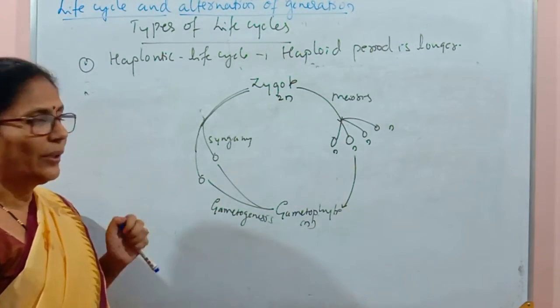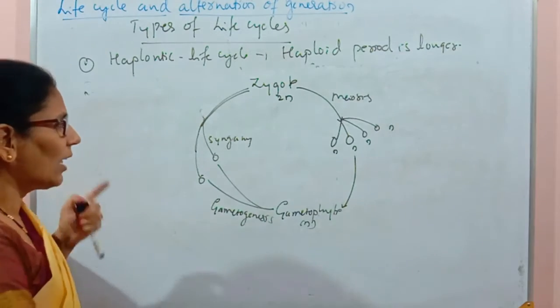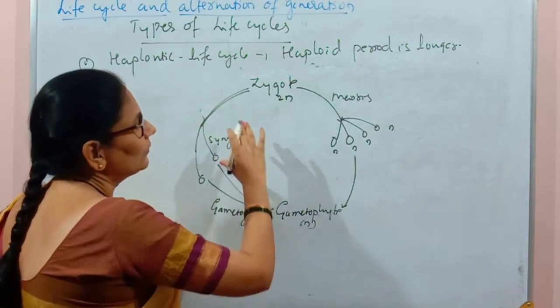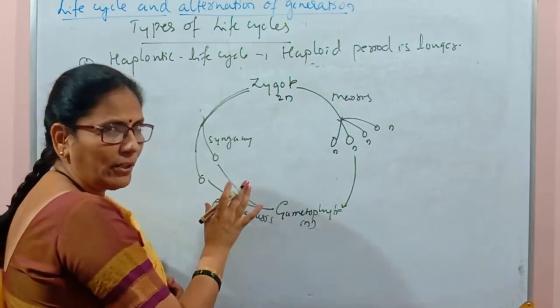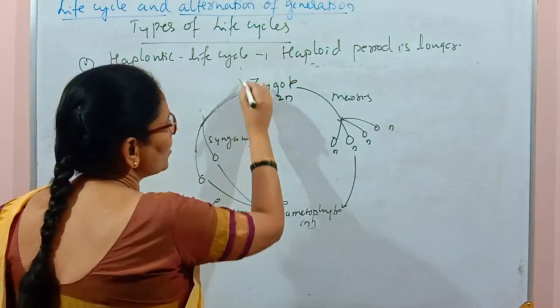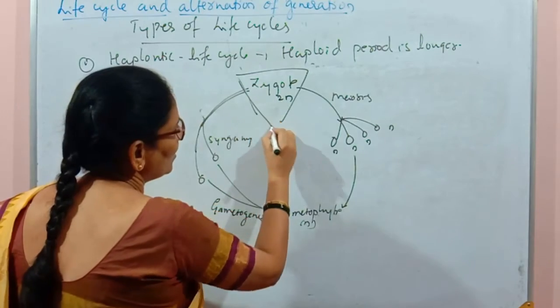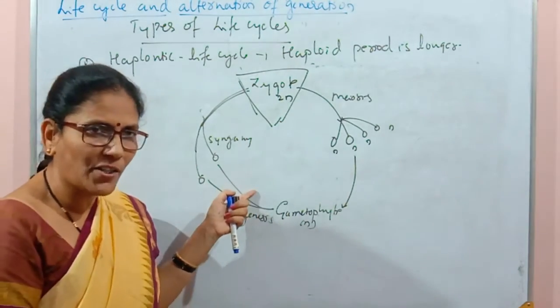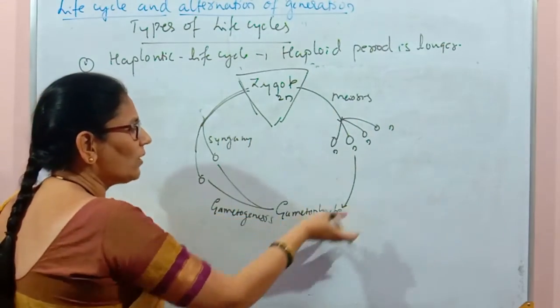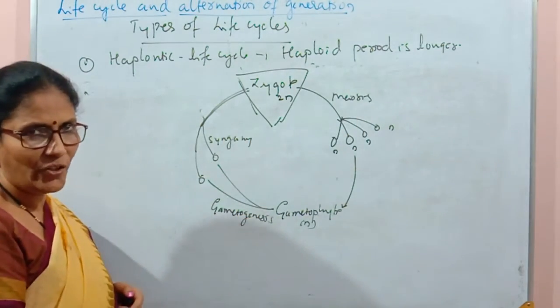So here we can notice the maximum period of this life cycle is haploid, and the diploid stage is restricted only to the zygote. The zygote stage is the only diploid stage. All the remaining stages are in haploid condition.